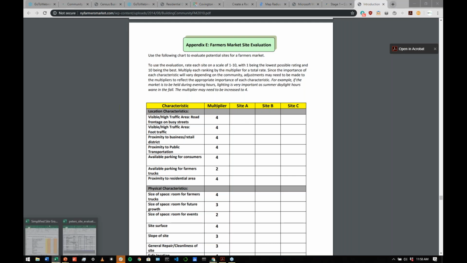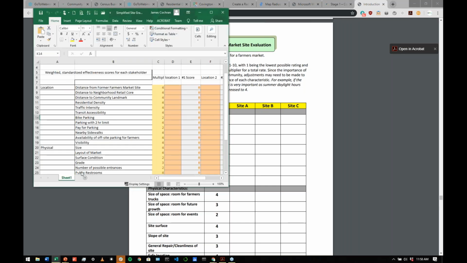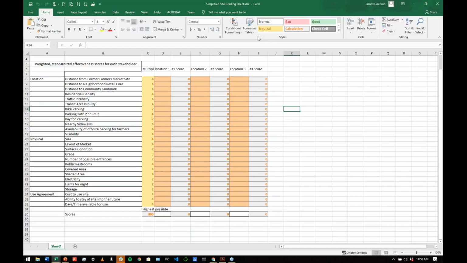So I've created another version of that that's in the handouts below in your control panel. It's a similar version that's auto-calculated. So you just put in 10 here, and it'll show up as 40 here. And you can edit these. These are editable to the importance. I took a stab at some of the ones that I thought were more important than others.